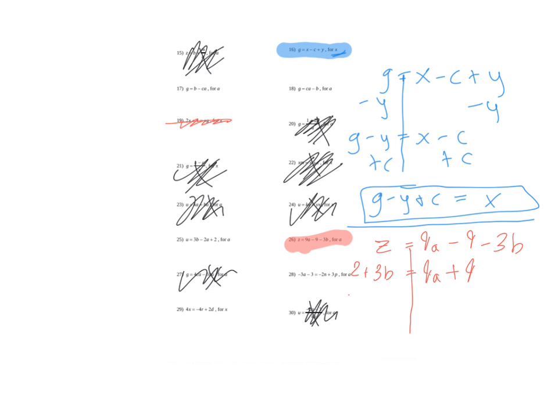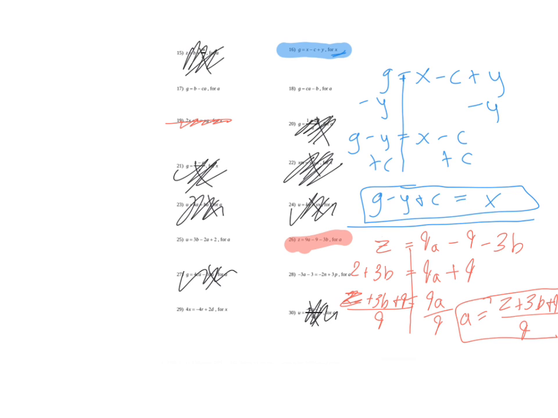So I get z plus 3b plus 9, and that's going to equal 9a. And then my last step is I'm going to divide by 9. Okay? So my final answer is going to be a equals z plus 3b plus 9, divided by 9. And that's going to be it. Okay? That's how we do this.